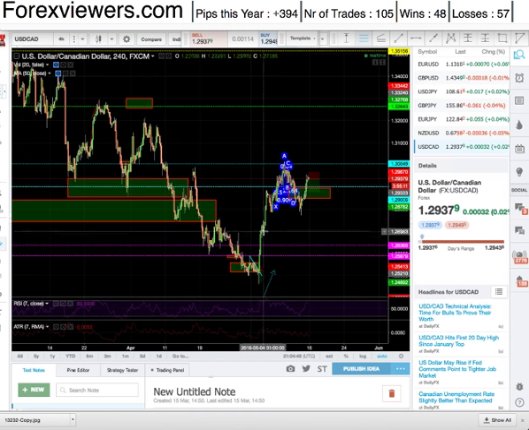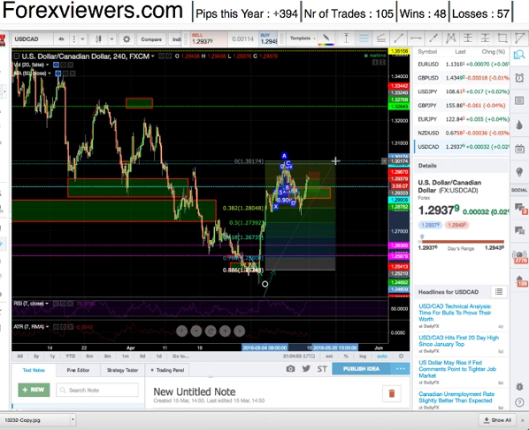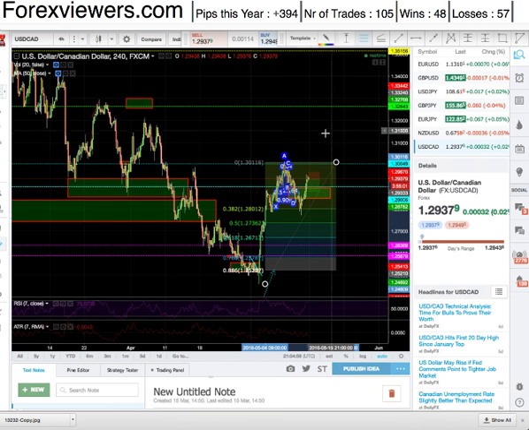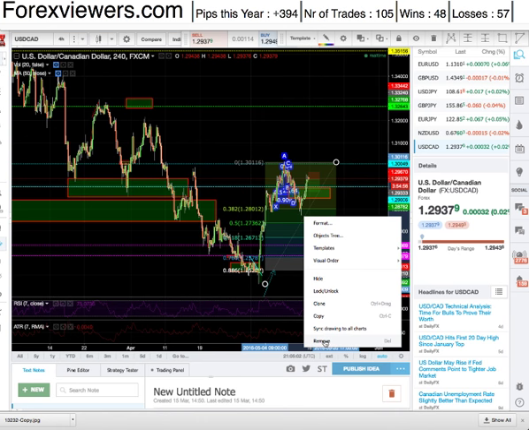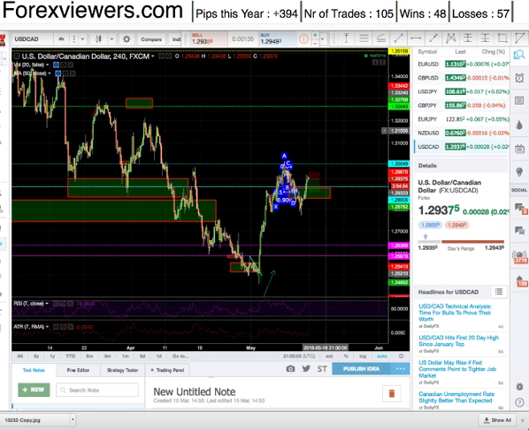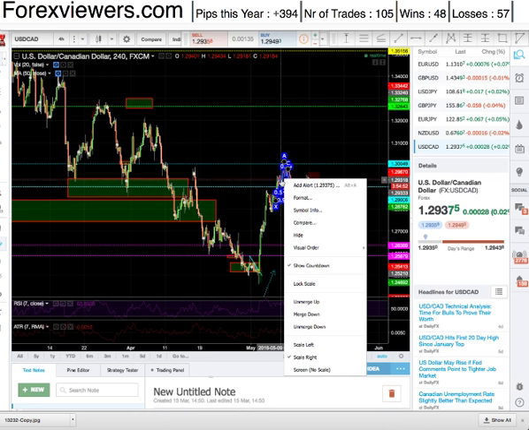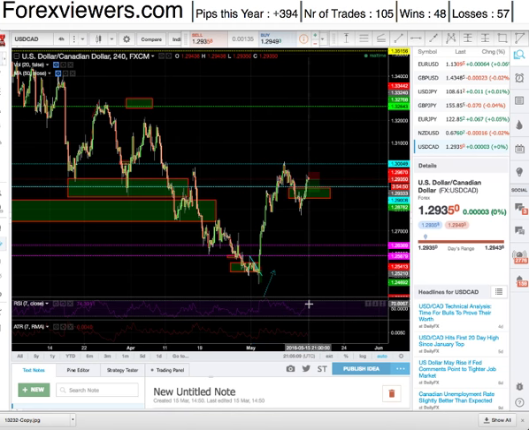You can take the Fibonacci retracement from here to here, saying that this is a strong uptrend. The market hit 38 and will continue to the upside. Right, that's a possibility.